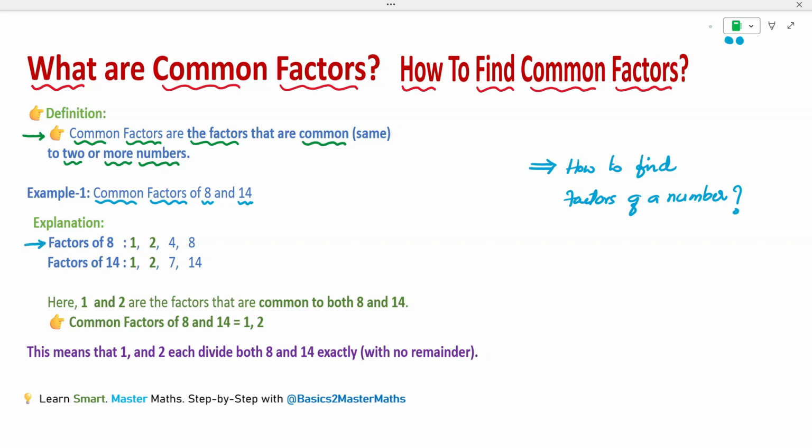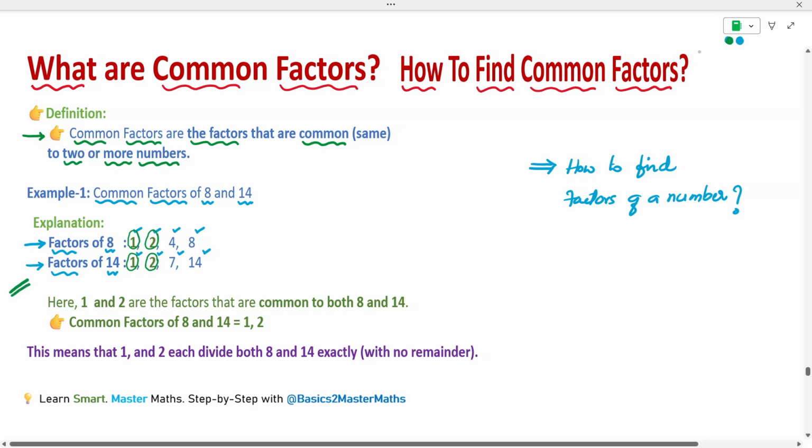We know that factors of 8 are 1, 2, 4 and 8. Also, factors of 14 are 1, 2, 7 and 14.